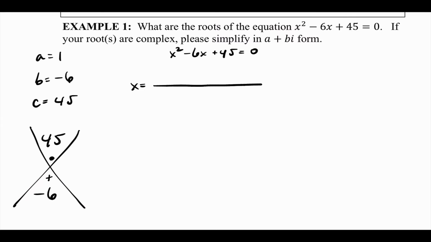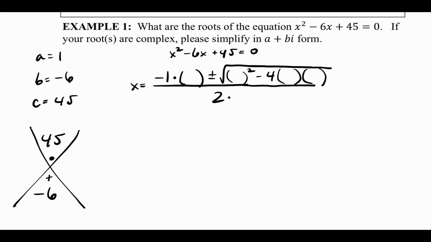Okay, so I'm going to set up the quadratic formula. We've done this before. Quadratic formula: negative b plus or minus the square root of b squared minus 4 times a times c, and then 2 times a on the bottom.